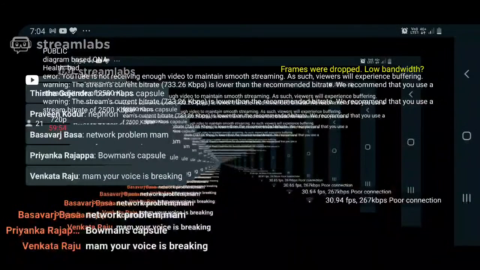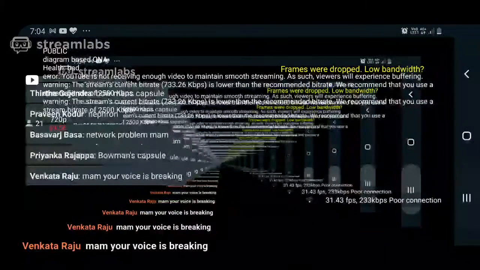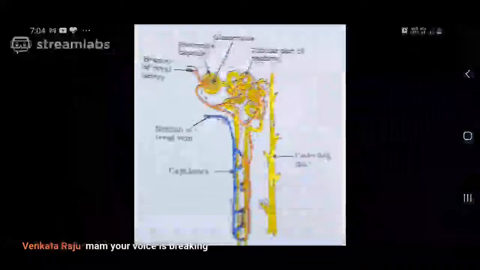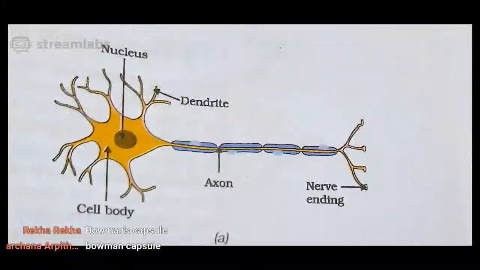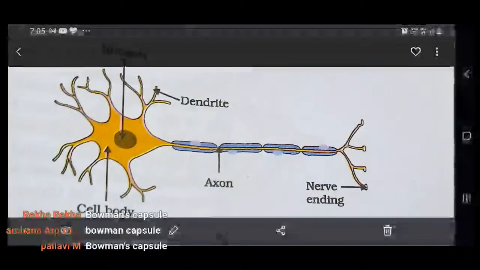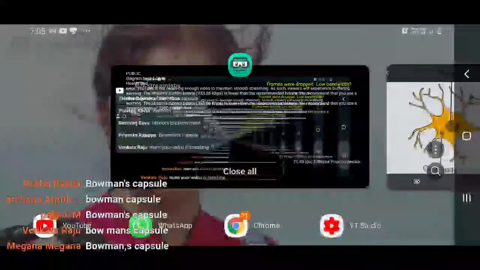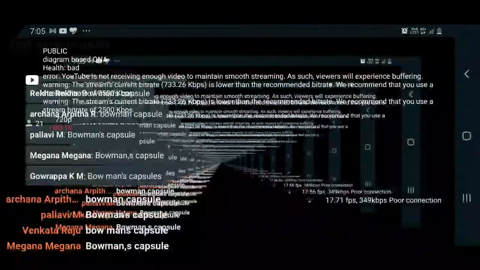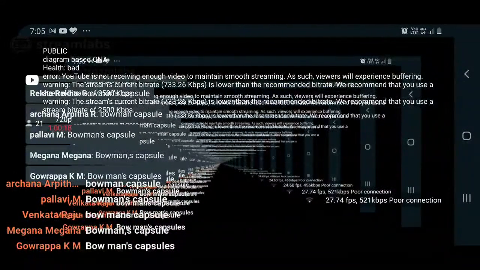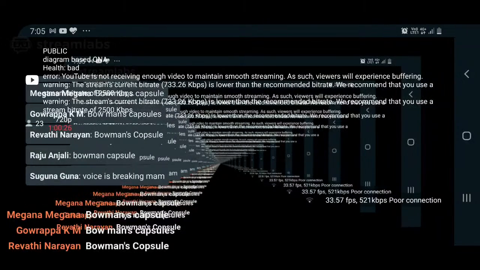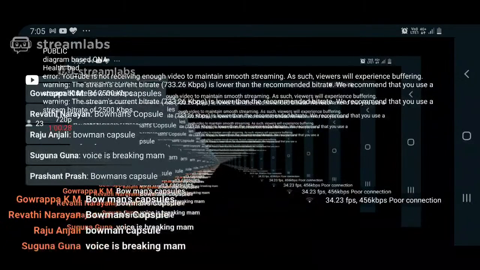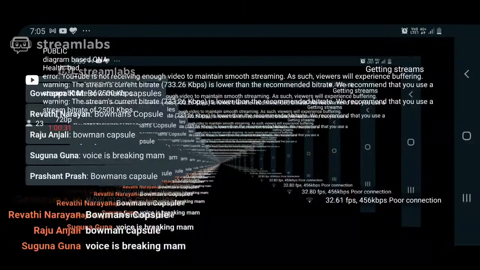Okay, you have all gone through the neuron diagram. The longest branch of the neuron is called as the long branch of the neuron is called as the right answer.